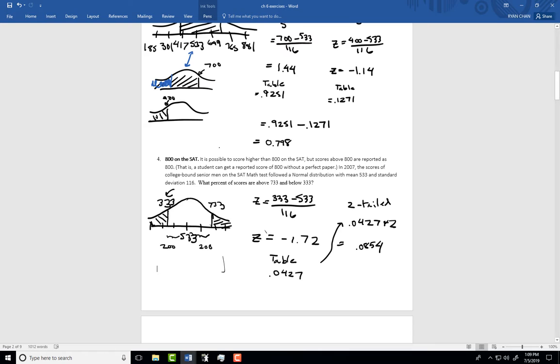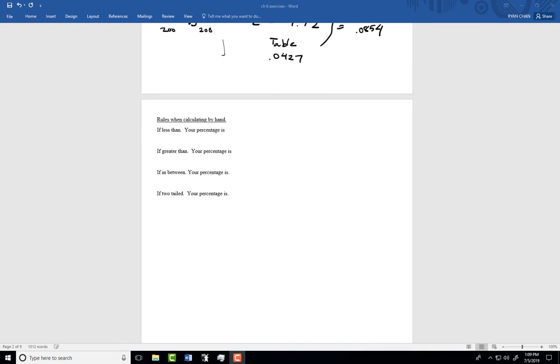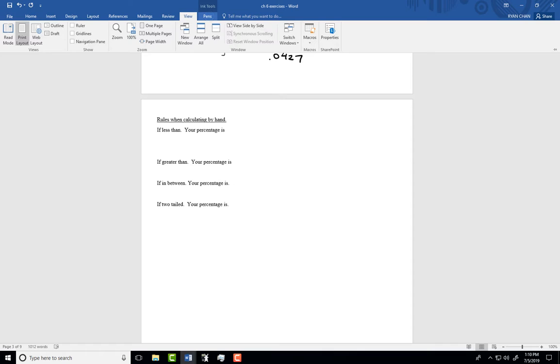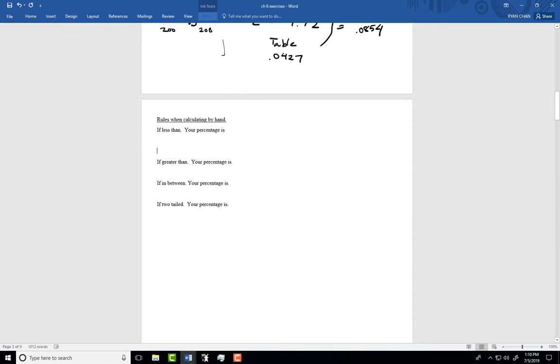So let's talk about normal CDF here. If you're calculating it by hand, let's talk about what happens. The rule is if it's less than, your percentage is your table. If it's greater than, your percentage will be 1 minus the table. If it's in between, it's going to be the table of the right, or we can say table of the larger, minus the table of the smaller.